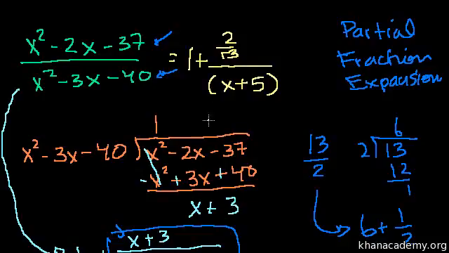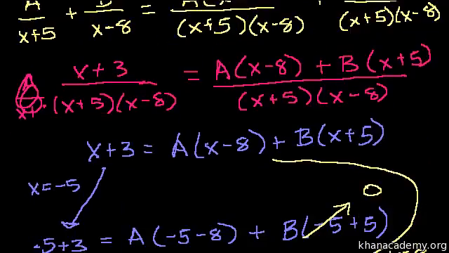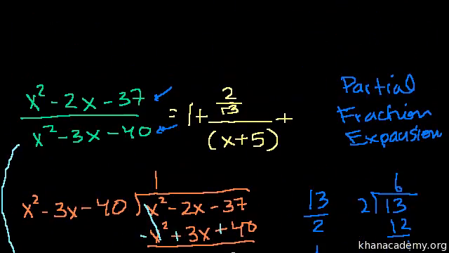You could bring the 13 down here if you want to write it so you don't have a fraction over a fraction. Plus 11 over 13 times over x minus 8. And once again, you could bring the 13 down so you don't have a fraction over a fraction.